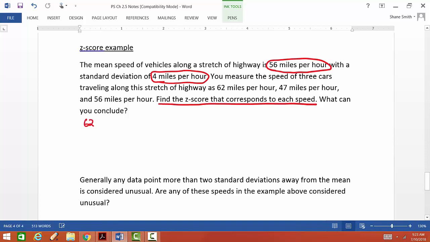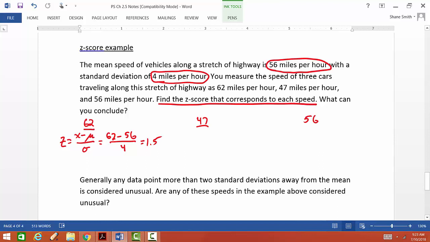So for 62, 47, and 56, to find the z-score, it's x minus mu over sigma, which is 62 minus the mean, which is 56, over 4, which is 1.5 when we calculate that.